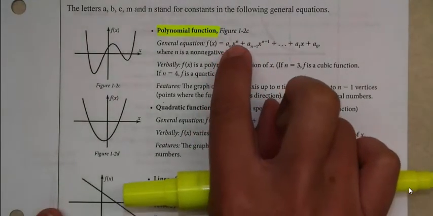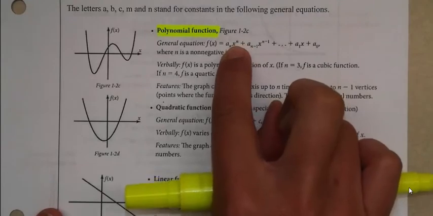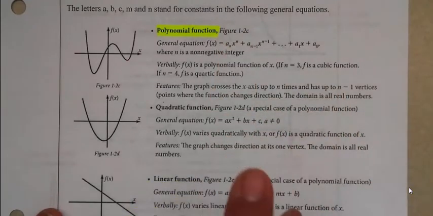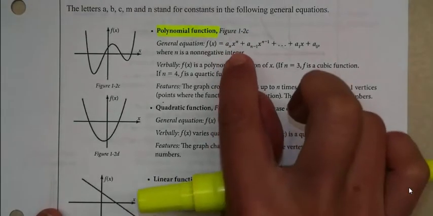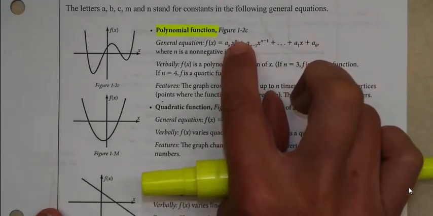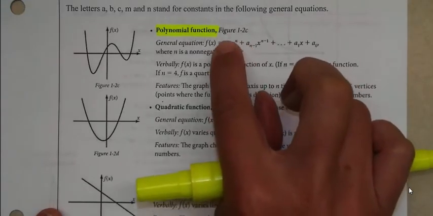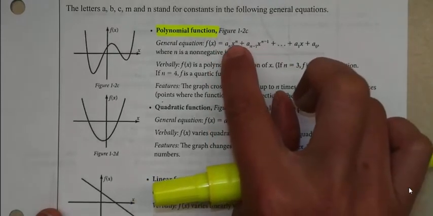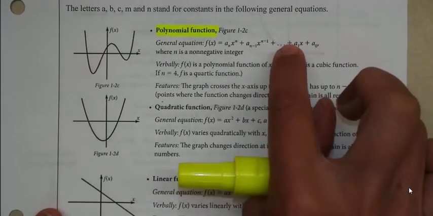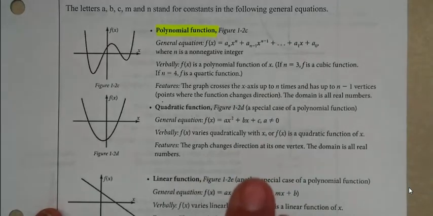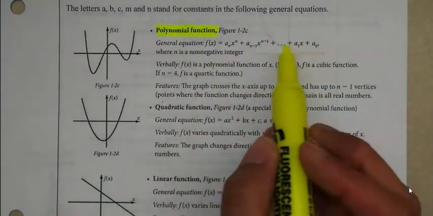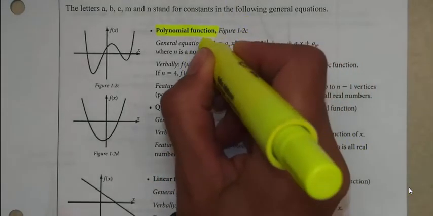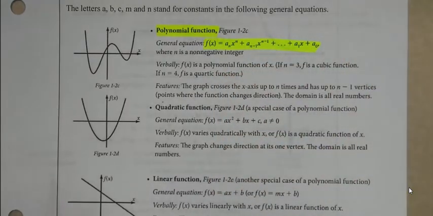So they go with the exponent on your independent variable. So for example, if this was x to the 4th, then this is the coefficient that goes with x to the 4th. If that's x to the 4th, then this is x to the 3rd, x squared, and so on. Okay, so that's basically your general equation. I think that that's important, but luckily I copied it first so we don't have to actually write it down.